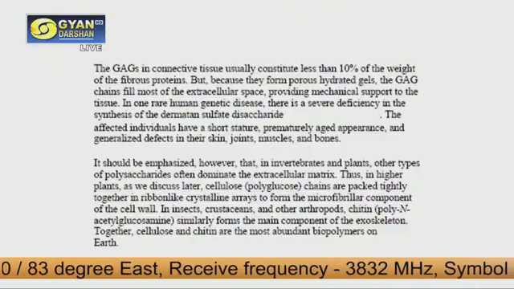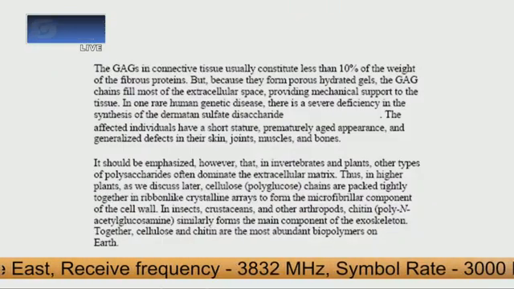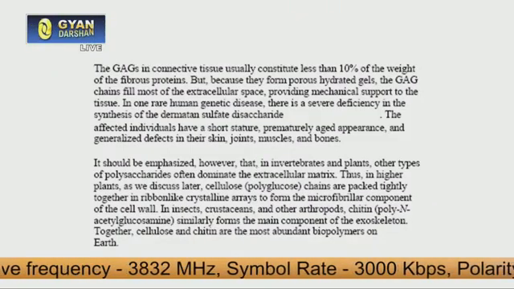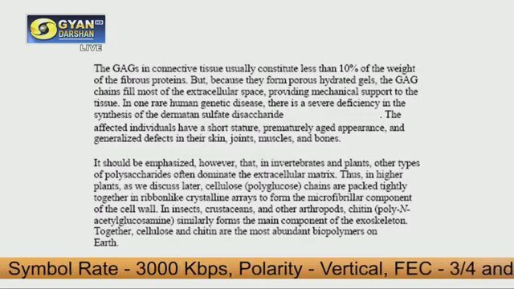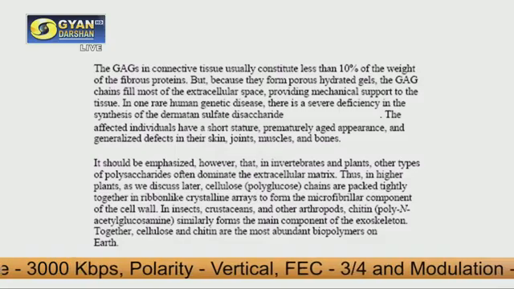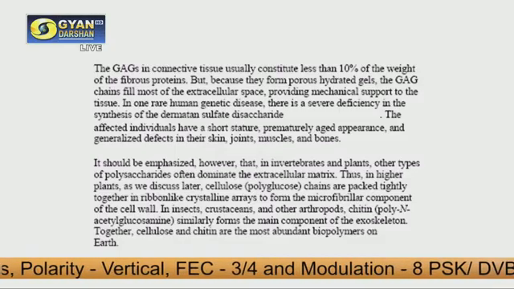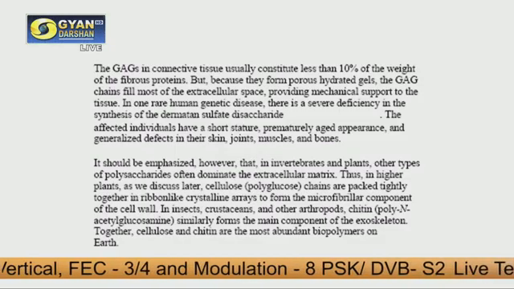Okay, so this has to be understood very properly. Now what happens in the case of a plant cell? In the case of animal cells this is very clear, but do plants or invertebrates also have this extracellular matrix? The answer is of course yes.